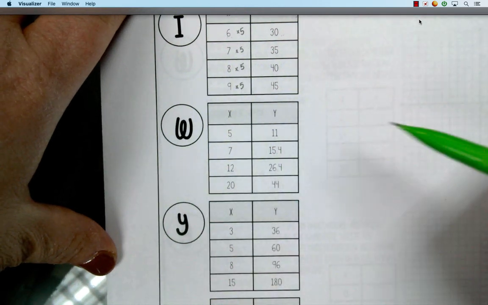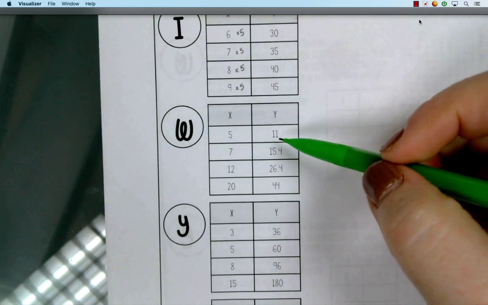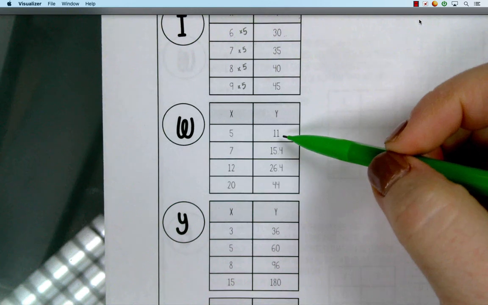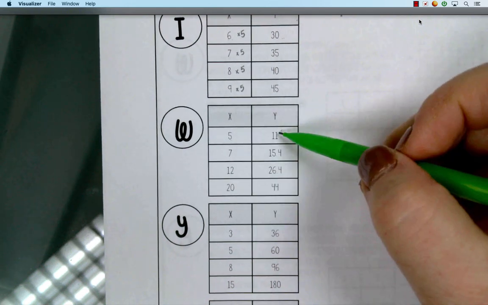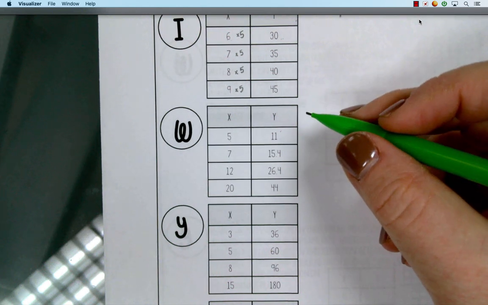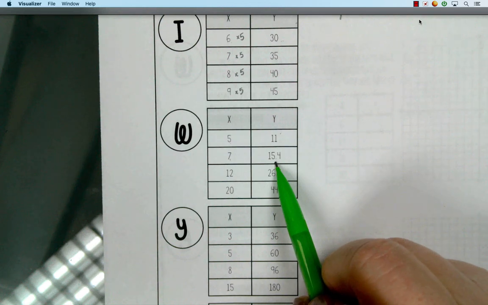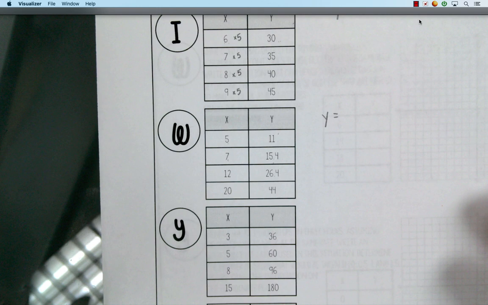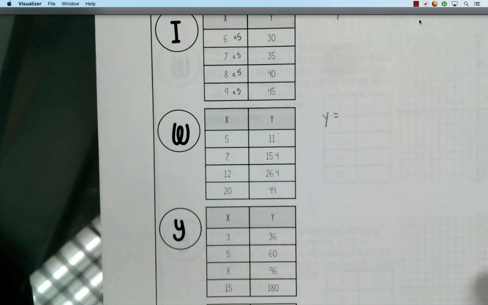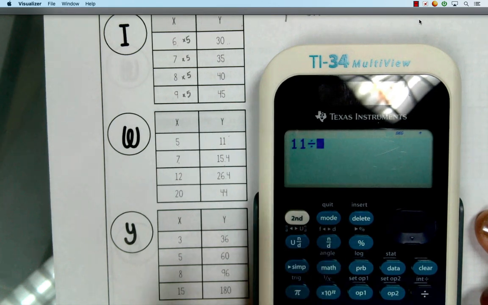So let's look at this right here. 5 to 11. Well, again, I see that I'm increasing, so I am not subtracting, I'm not dividing, but I'm increasing. So I have to add or multiply. So 5 to 11. Well, the difference is adding 6. But 7 plus 6 is not 15.4. So I know now that I'm multiplying. So y is going to equal something times x. Well, 5 and 11 are not compatible numbers, so I'm going to do 11 divided by 5.